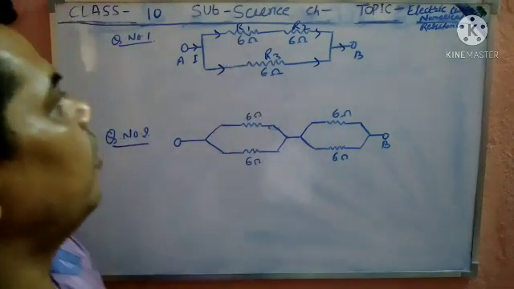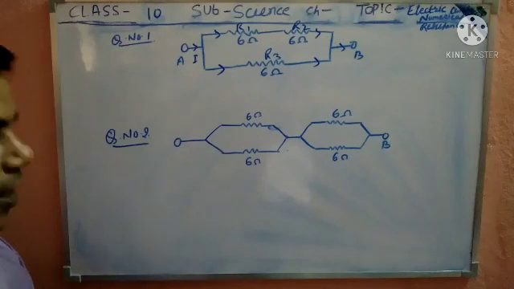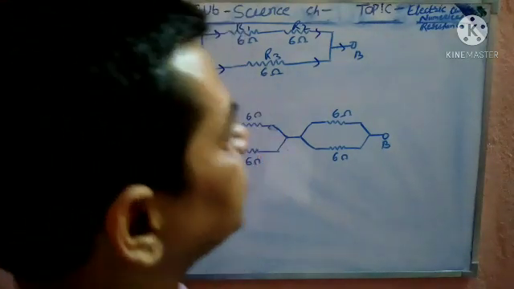When such figures are given, find the combination of parallel resistance and series resistance.